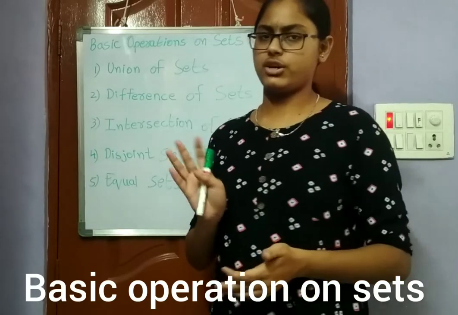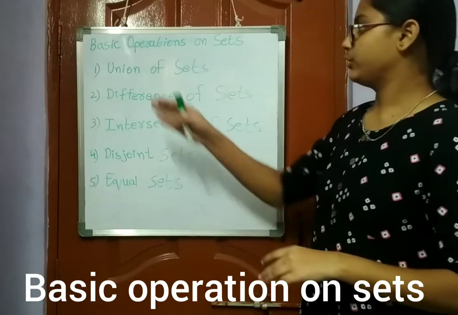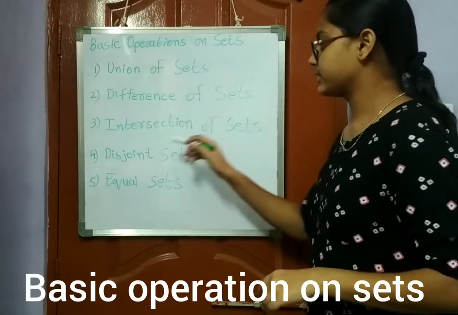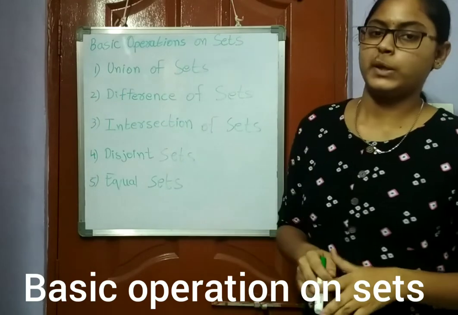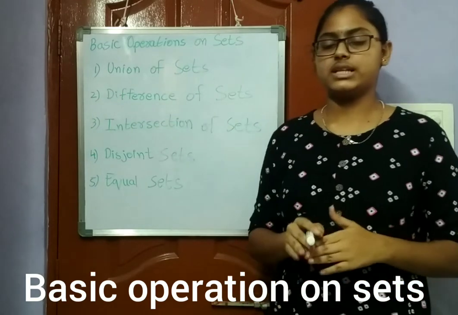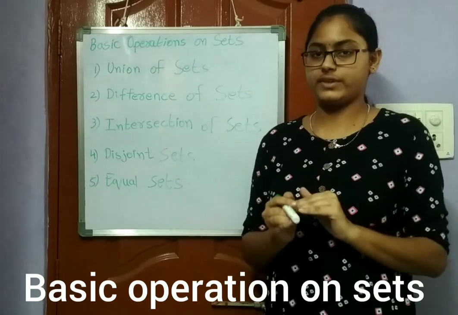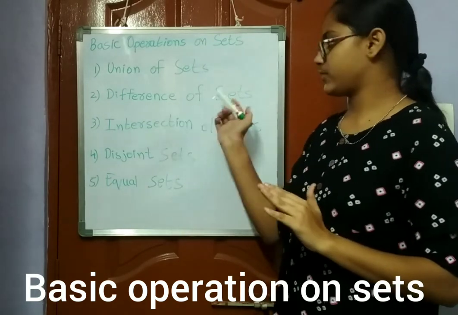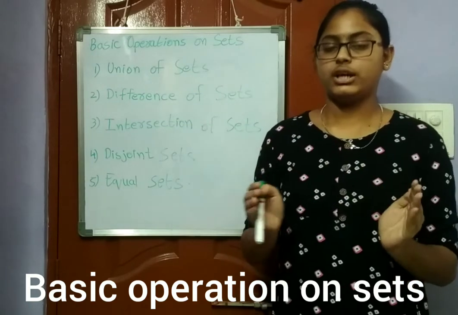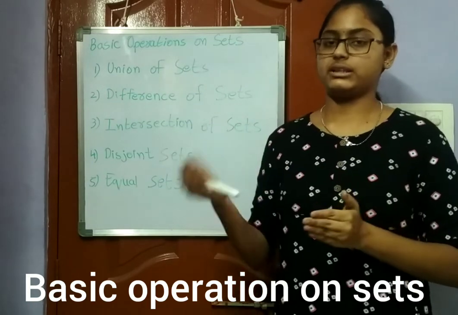Basic operations on sets are union of sets, difference of sets, intersection of sets, disjoint sets and equal sets. Union of sets is nothing but to unite two given sets, or to add two given sets. Difference is subtraction, to subtract one set from another given set.